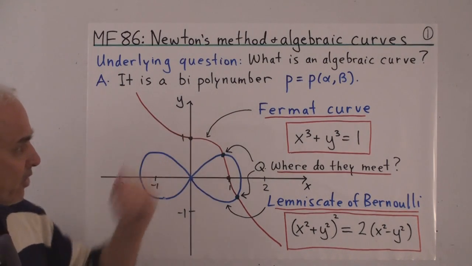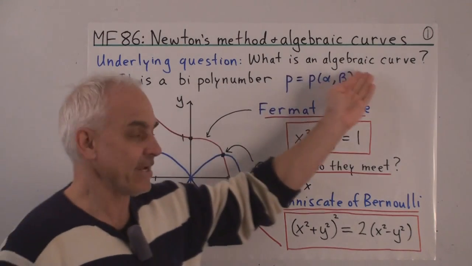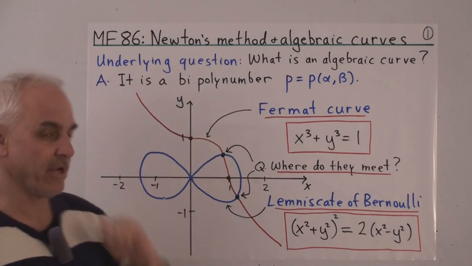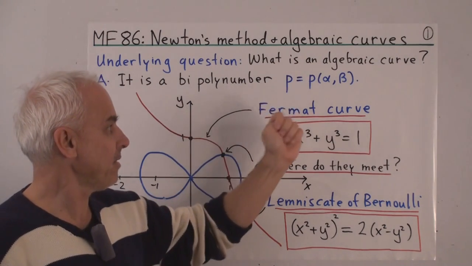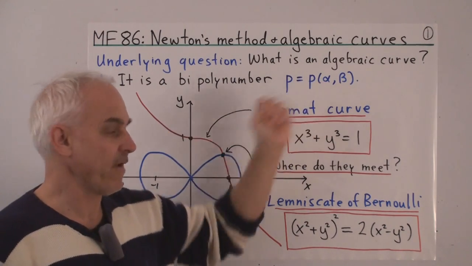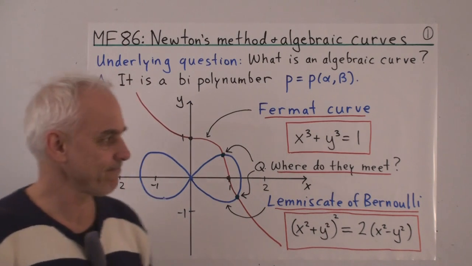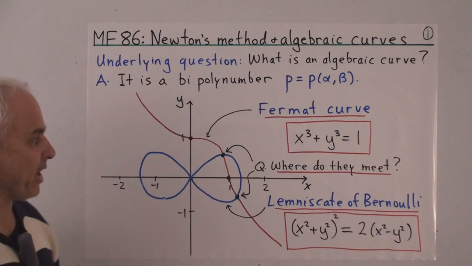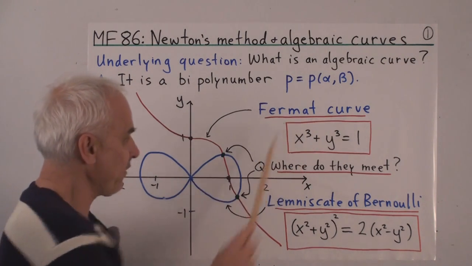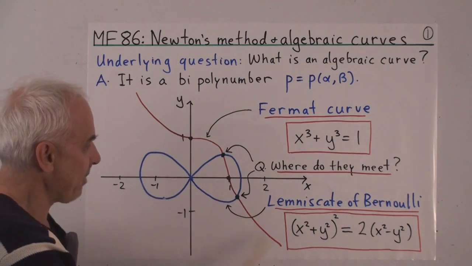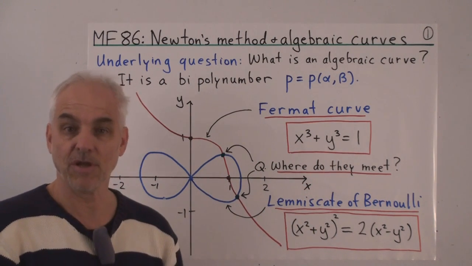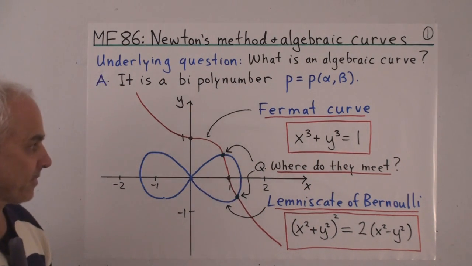So there's an underlying question here about what exactly is an algebraic curve, and for us the answer is that it's basically a bipoly number P, say, depending on alpha and beta. Okay, and we'll have a look at two particular algebraic curves. The Fermat curve, which looks like this perhaps. X cubed plus y cubed equals 1 is the traditional Cartesian equation for it.